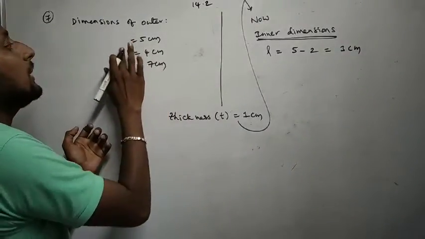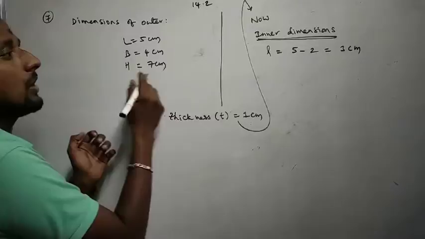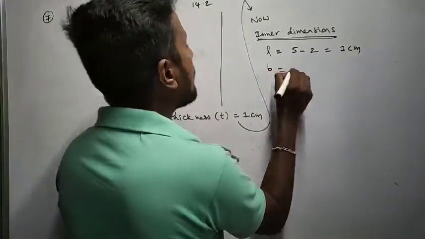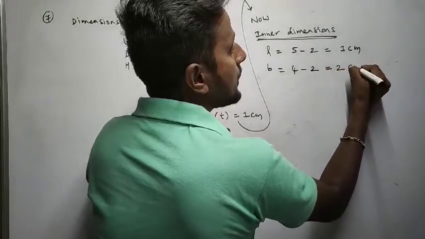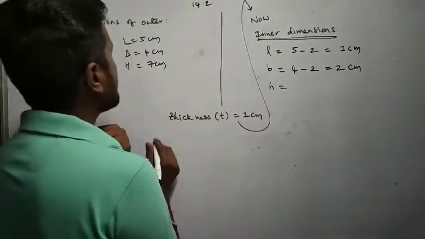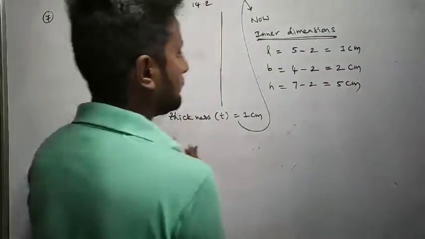So we'll give capital letters for this, L, B, H. Now B value, 4 minus 2 is equal to 2 centimeters. H is equal to 7 minus 2 is equal to 5 centimeters.